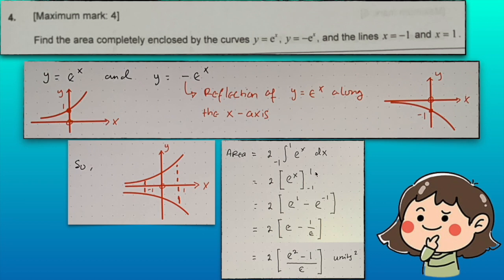We substitute 1 and it becomes e to the 1, subtracted by the lower limit negative 1 substituted in, so we have e to the power of negative 1. Then we simplify. So there you go, that's the answer.